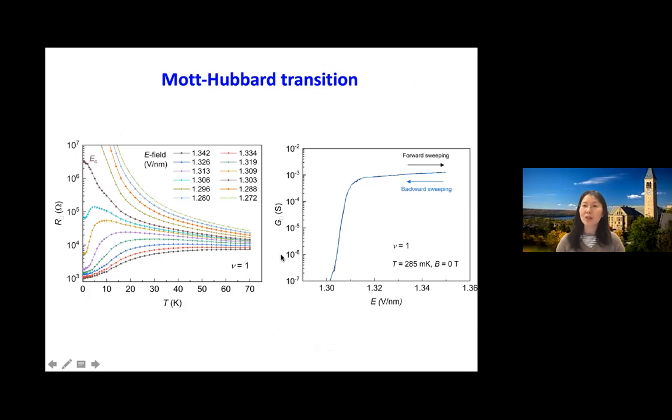What I'm showing here is the four-point resistance as a function of temperature, and the different curves correspond to different vertical electrical fields. When we tune the field, you can see that the temperature dependence of the resistance behaves in two different ways.